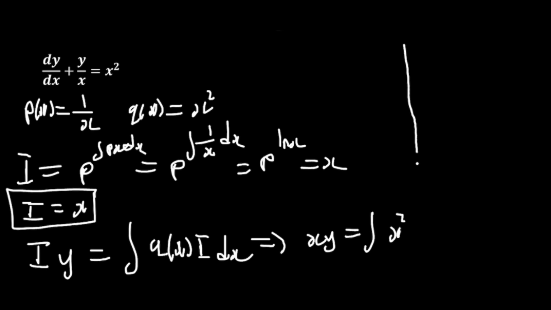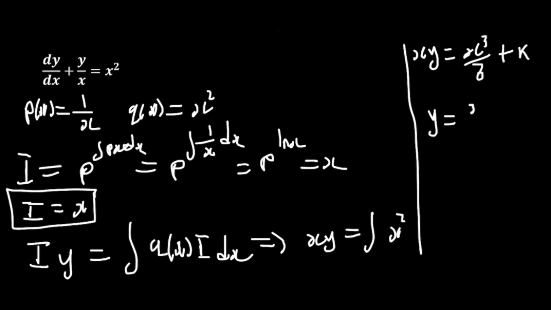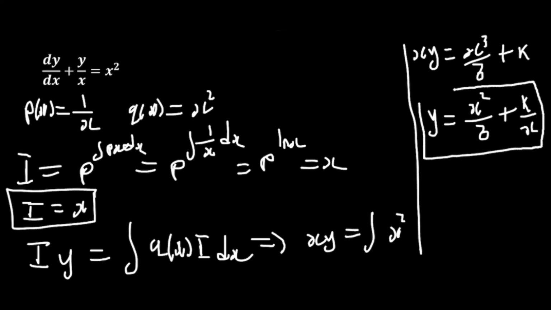So basically it means xy will be equal to x cubed over 3 plus our constant k. So our y will simply be equal to x squared over 3 plus k over x. So that's our solution.